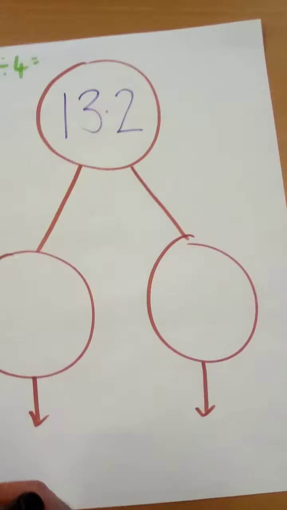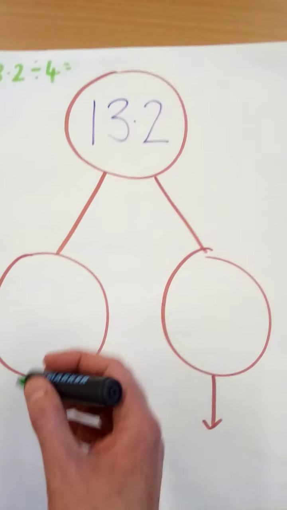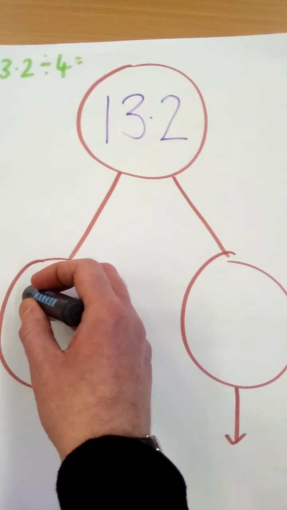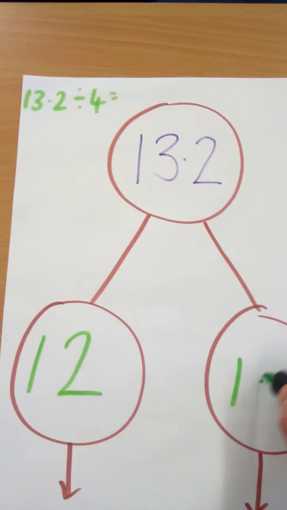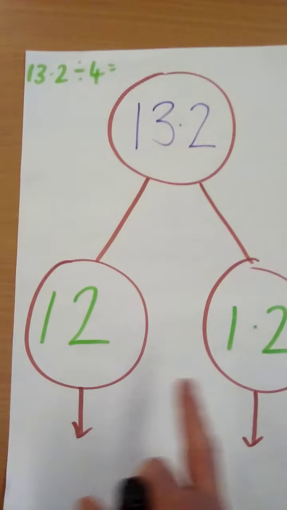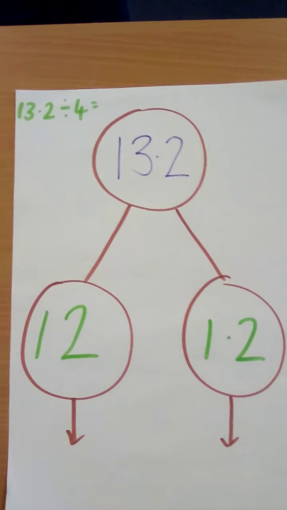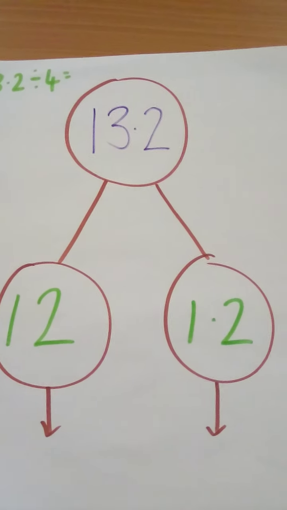So the example was if you split 13.2 into 12 and 1.2, so those two numbers together make 13.2, and now that might be slightly easier to divide by 4.